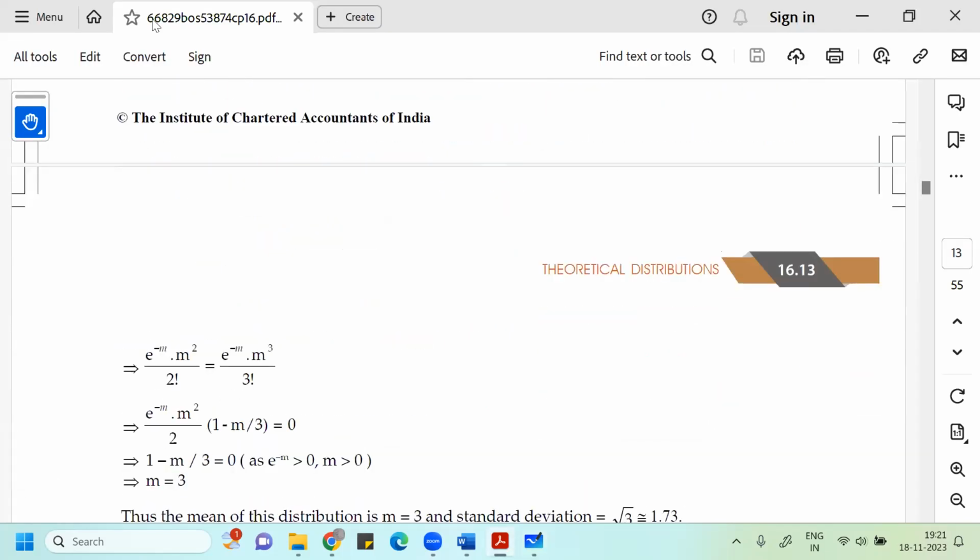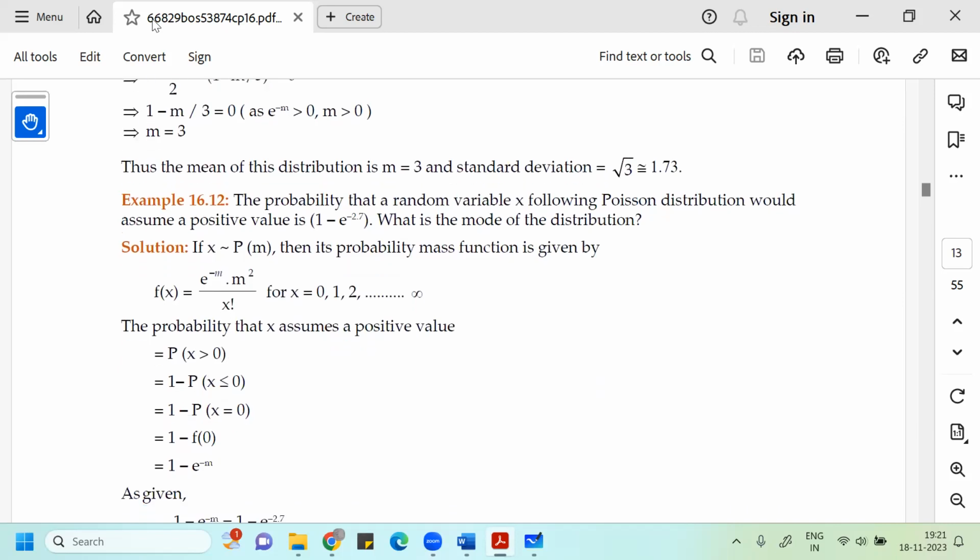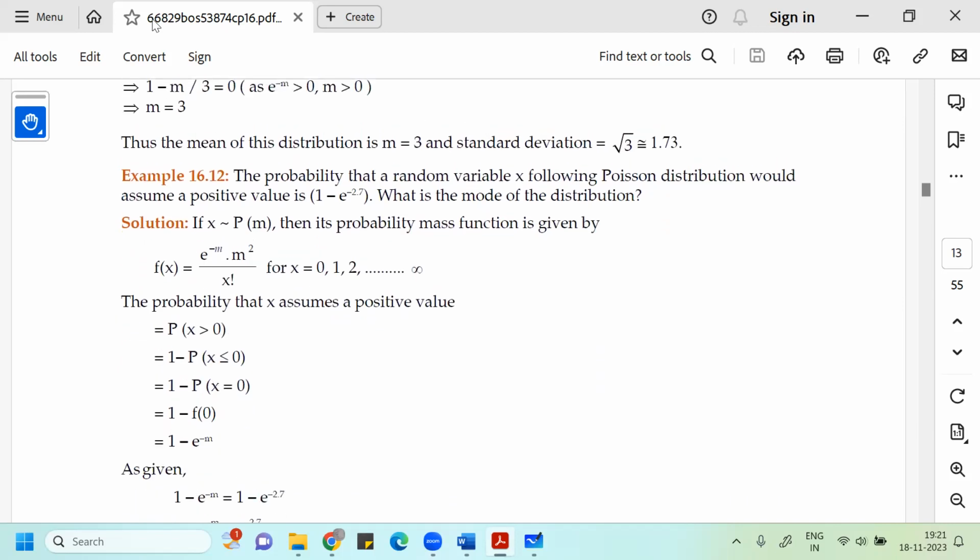Okay, now next thing, if you see this example 16.12, again, very good questions. What they've given: the probability that the random variable X following a Poisson distribution would assume a positive value is 1 minus e to the power minus 2.7.